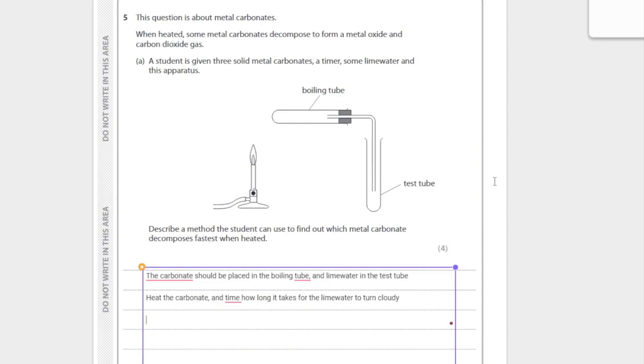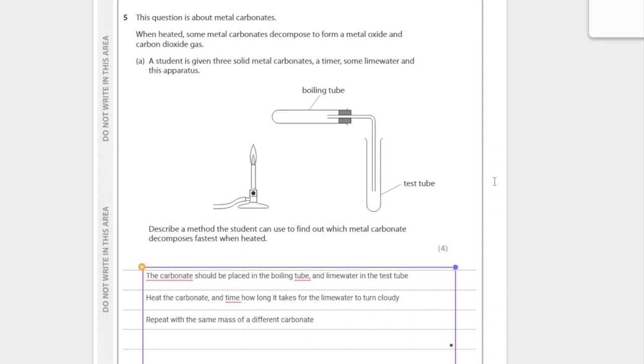Repeat with the same mass of a different carbonate, because we want to control that. Then we clearly state how we're going to ascertain our result.